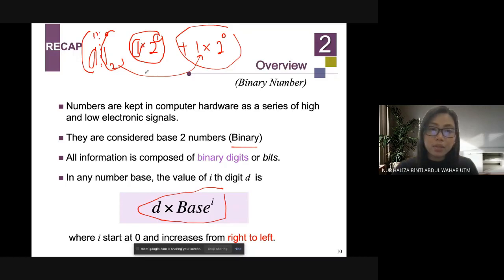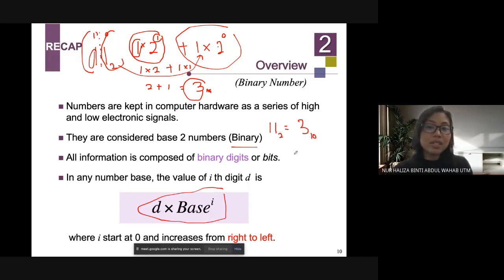Because of this, I got 1 times 2, because 2 to the power of 1 is going to be 2. And 1 times 2 to the power of 0, I get 1 times 1. So over here, 2 plus 1, I get 3 to the power of 10, which is decimal. So the value of 1, 1 binary is equal to 3 in decimal.